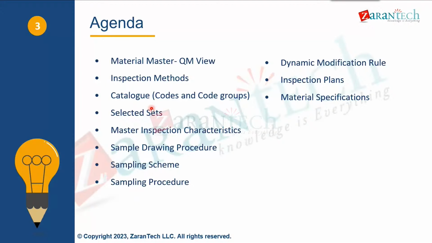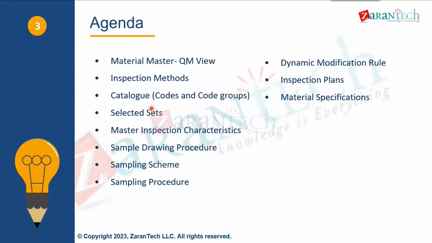Incomplete copy model is for when such a criterion is not needed, and the system will not ask about the upper limit and lower limit when we place it into the inspection plan. Reference characteristic is basically for the class characteristics. If we have to maintain the class characteristics in the MIC, then we have to use the reference characteristic.